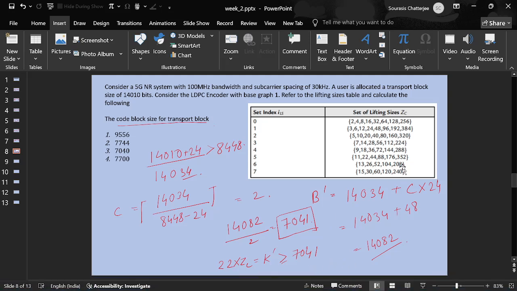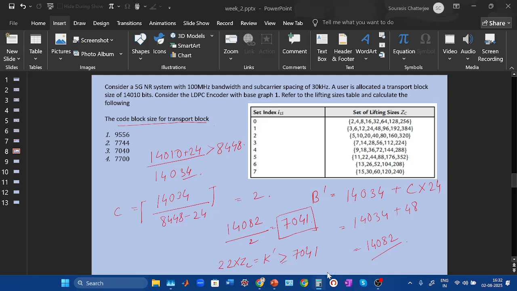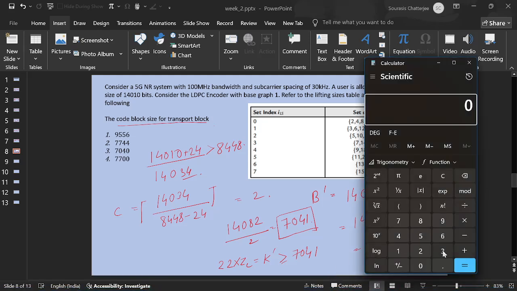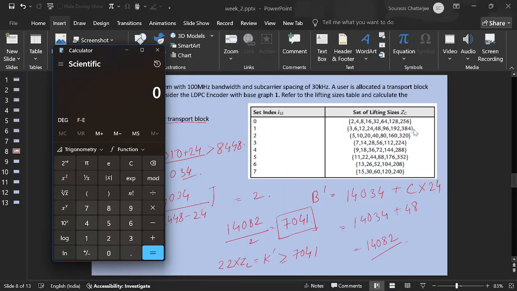Let's try with 320. 320 times 22 is 7040, but it's less than 7041, so 320 cannot be the lifting size. It should be more than 320. The immediate next values are 352 and 384, so 352 is the immediate next to 320.